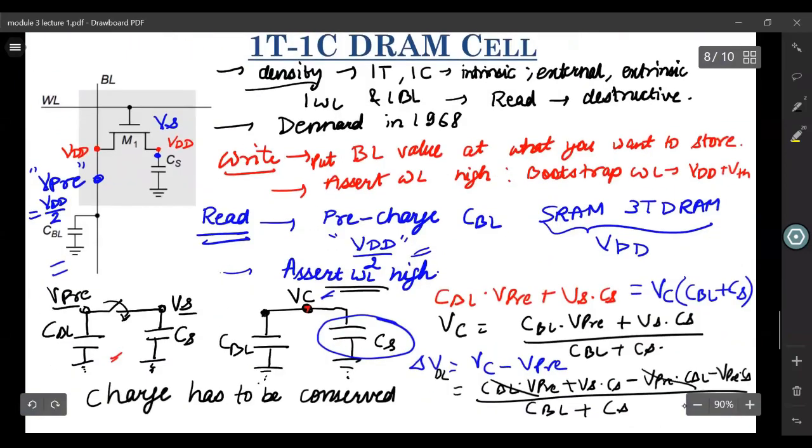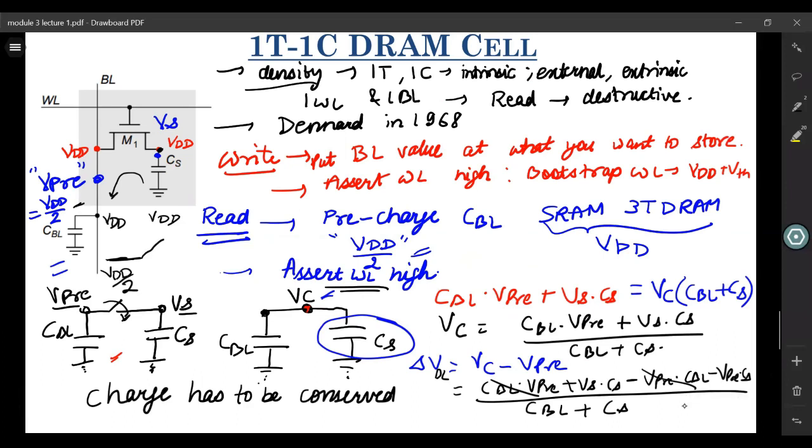What is the case over here? Since your bit line is precharged to VDD by 2, if you are writing VDD to CS, the voltage at CBL, which was VDD by 2, will increase once you start the reading process, and the sense amplifier will take care of this and bring it to logic level VDD.